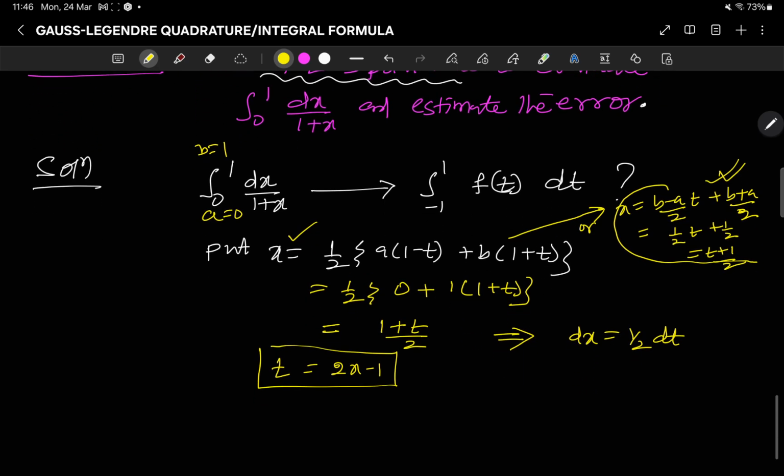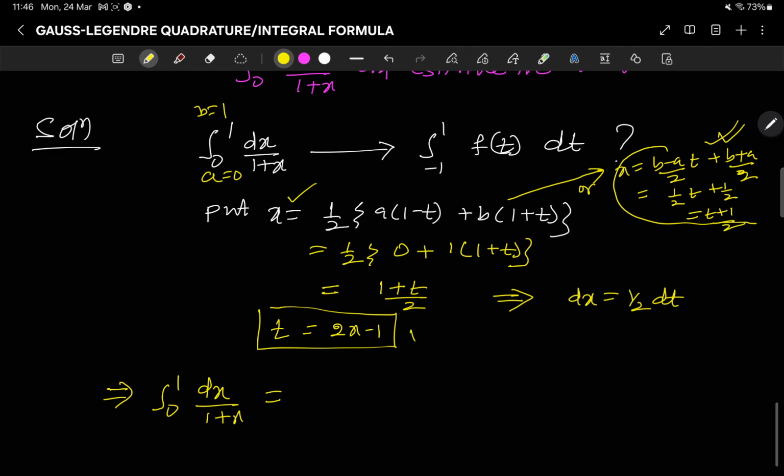Okay, so now this implies my integral 0 to 1 dx by 1 plus x becomes, and no need to check the limits by default. However, if you want to check it, for x equal to 0 implies t equal to minus 1, and for x equal to 1 implies t equal to 1.